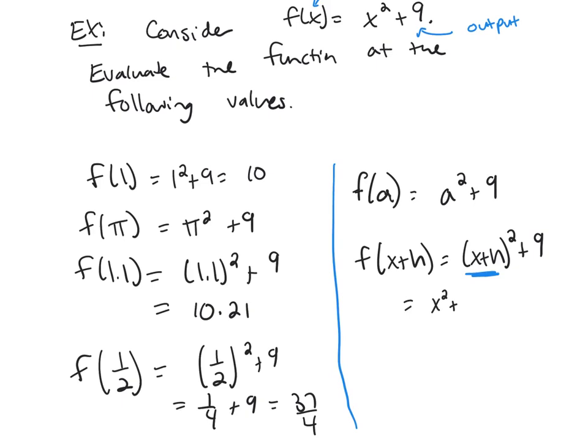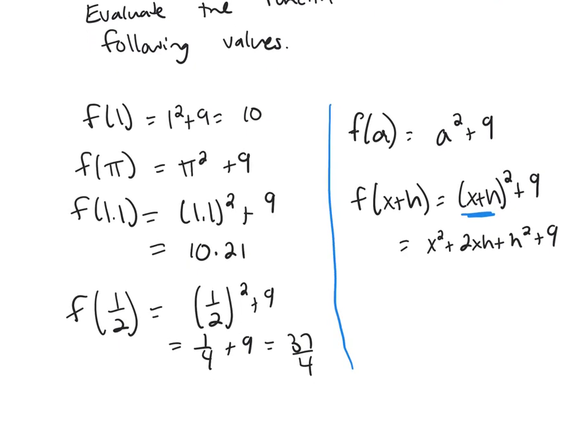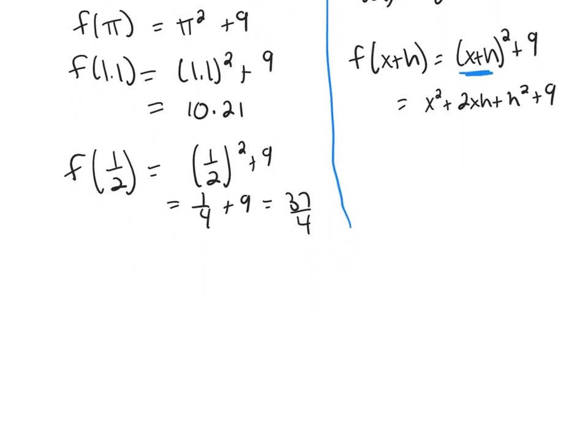You'll get x squared plus 2xh plus h squared if you FOIL all that out. So for functions, think of them as having inputs and having outputs. Let's look at our next example.